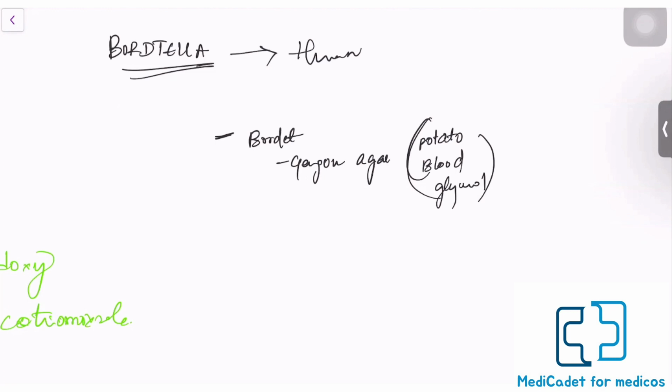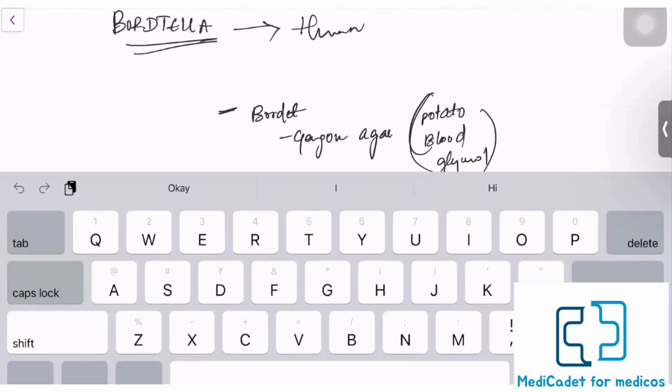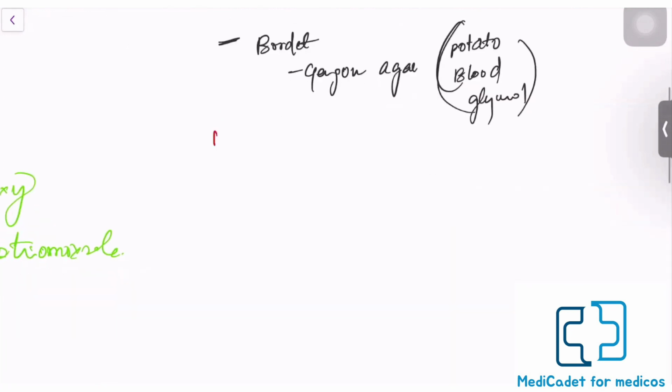And what are the toxins or the virulence factors? Toxins. The first toxin is for the one that has a capsule. Then you have one more toxin, which is pertussis toxin.